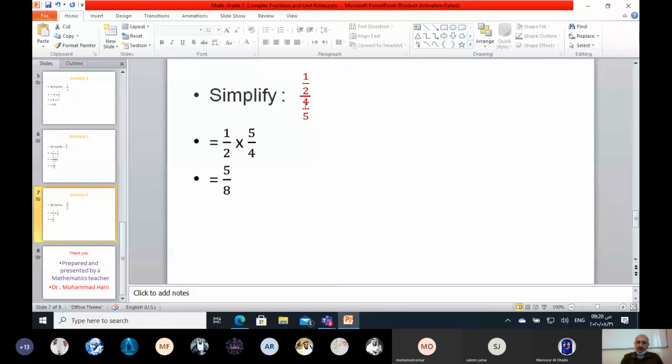Then flip. Switch the numerator and denominator. So flip 4 over 5 will be 5 over 4. Now multiply. 1 times 5 will be 5, and 2 times 4 will be 8. So 5 over 8. That is the simplified form.